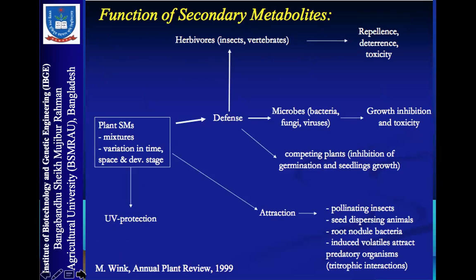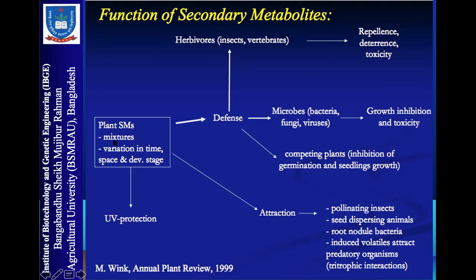Function of secondary metabolites: why do plants and other organisms produce diverse kinds of secondary metabolites? Let us consider plants as an example, because plants are sitting ducks, they cannot move away, and to defend themselves from the attack of herbivores, including humans, they need some chemical weapons.